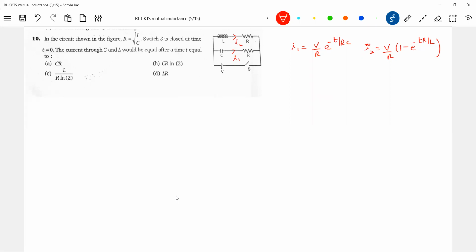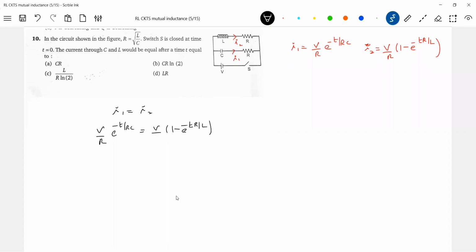So he's asking when they would be equal. So I'll equate I1 is equal to I2. V by R. The time constant for the RL circuit is lambda equals L by R, and the time constant for the RC circuit will be RC.